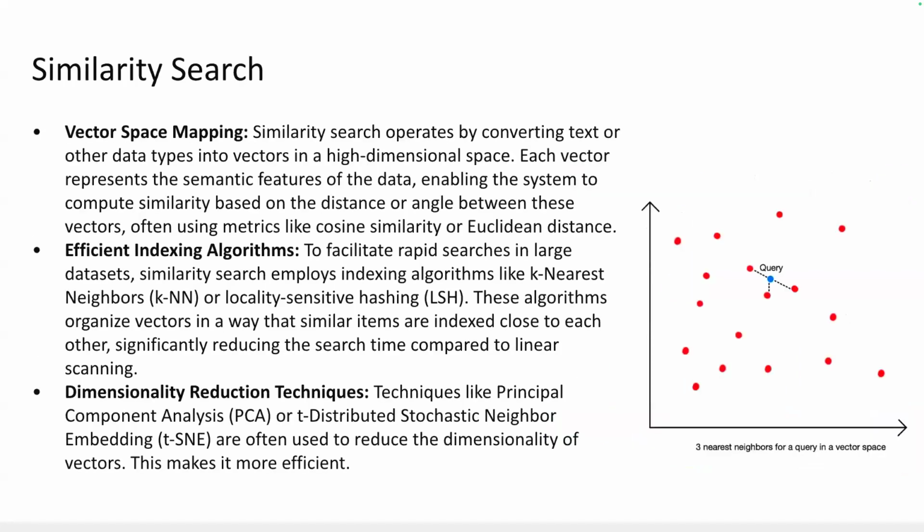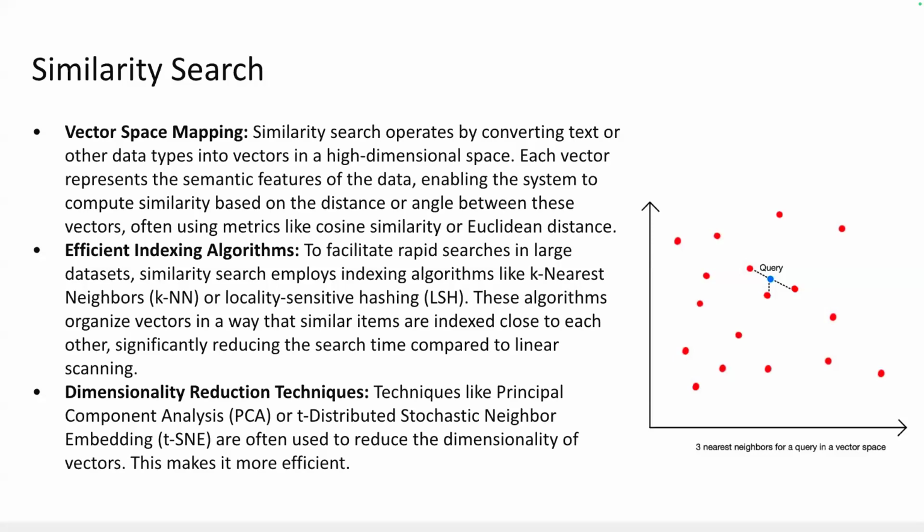Continuing more on what the similarity search is, this is what really makes it possible to match the user's query to contextually relevant responses for the LLM, right? It takes this mapping data, such as text, into a high dimensional vector space. And these vectors are a numerical representation, encapsulating the semantic essence of the data itself.